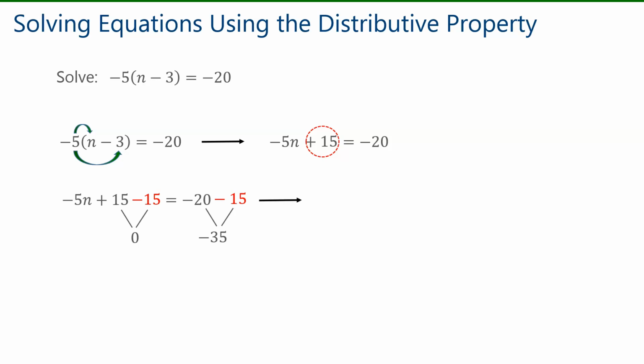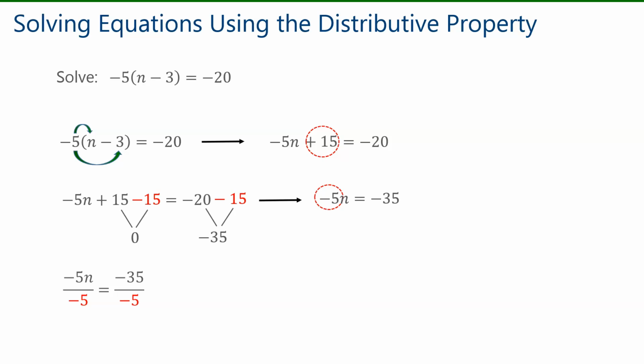I can rewrite my equation, and I'm left with negative 5n on the left and negative 35 on the right. The opposite of multiply by negative 5 is divide by negative 5. So I'm going to divide both sides of the equation by negative 5.